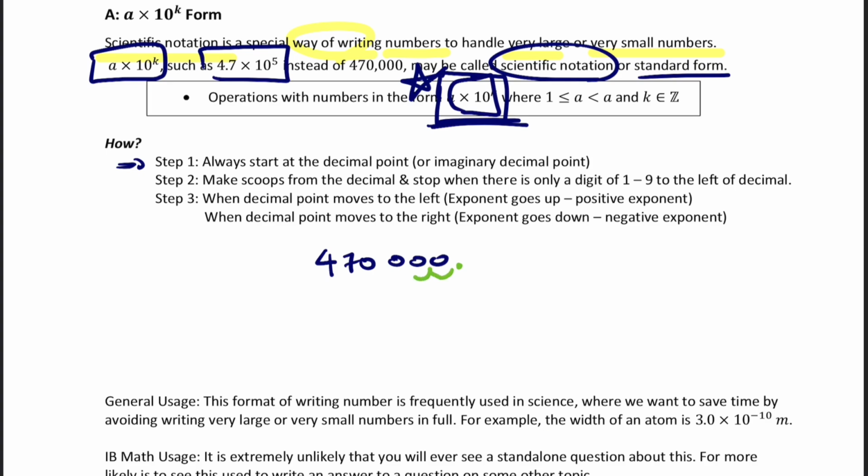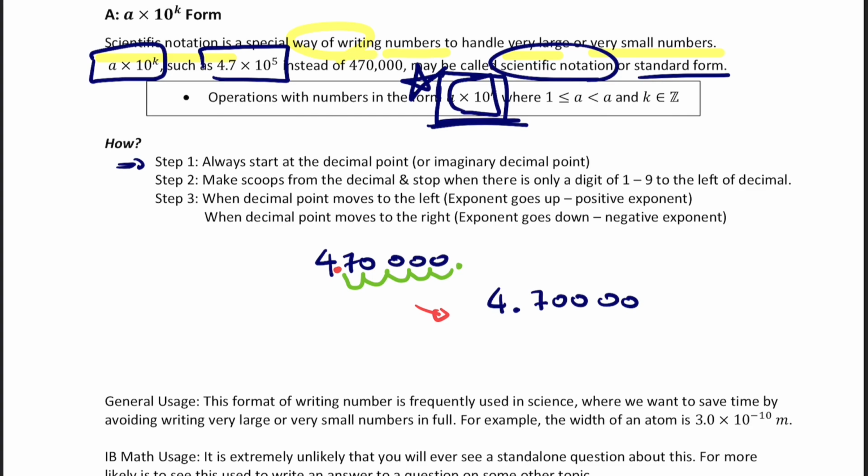So 1, 2, 3, 4, 5. You place your decimal right after 4. Then we have only one number left to the left of the decimal, so we have 4.7.